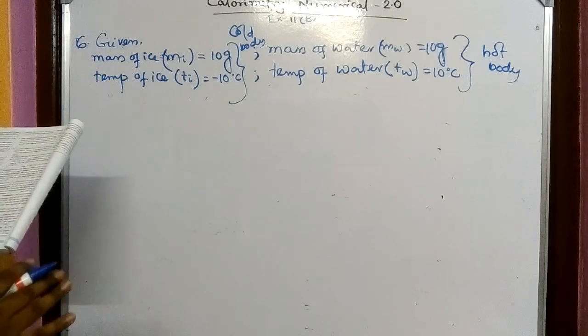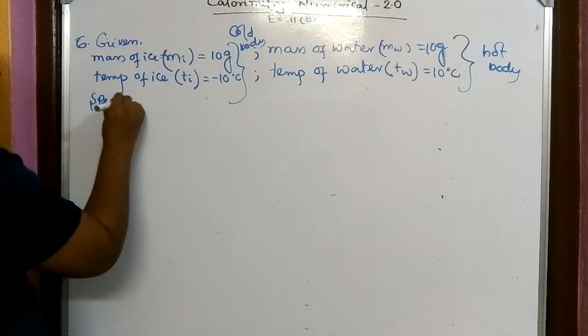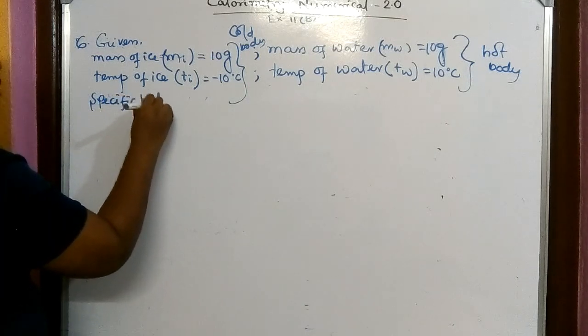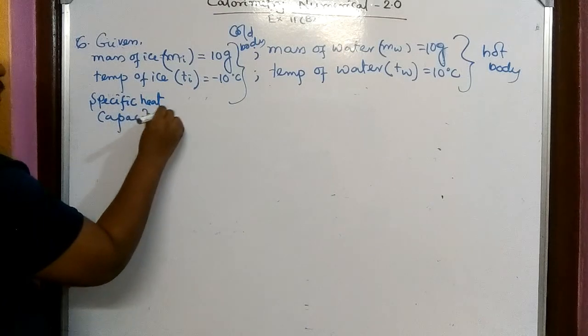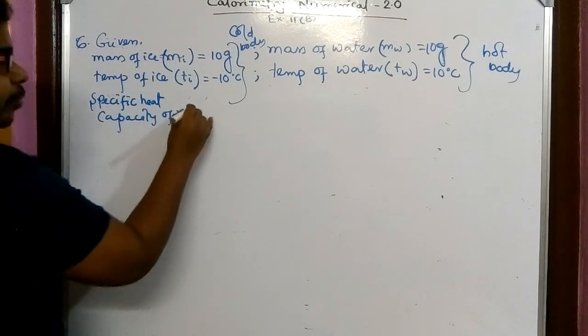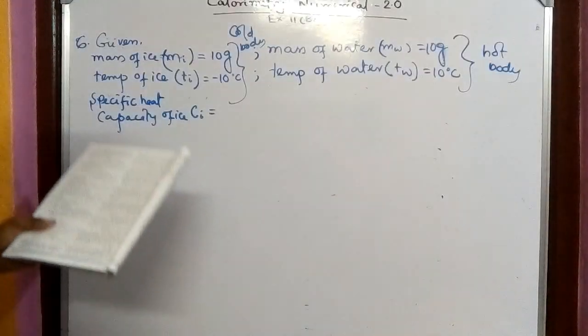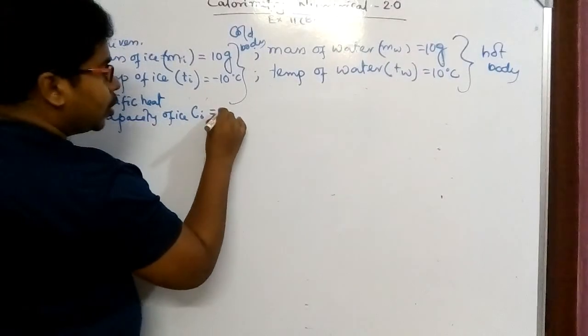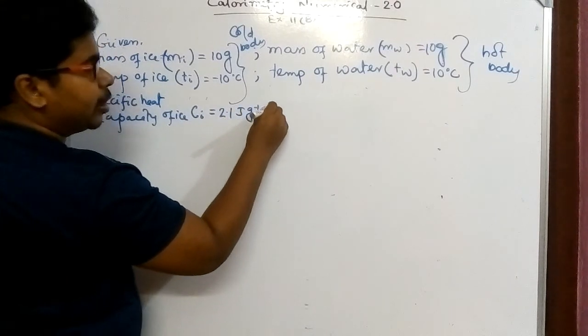Okay, now what is told? Specific heat capacity of ice, that can be denoted as Ci. The value is 2.1 joule gram inverse Kelvin inverse.